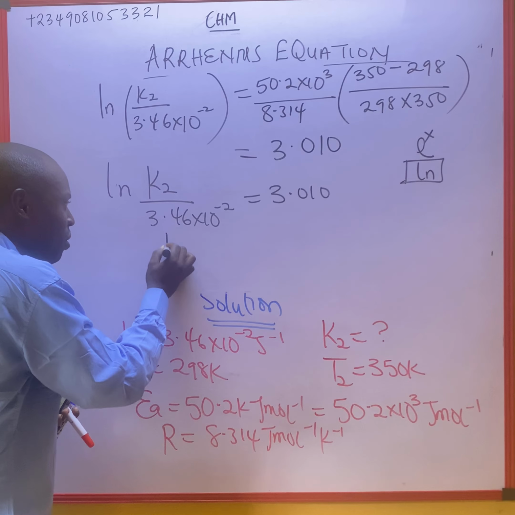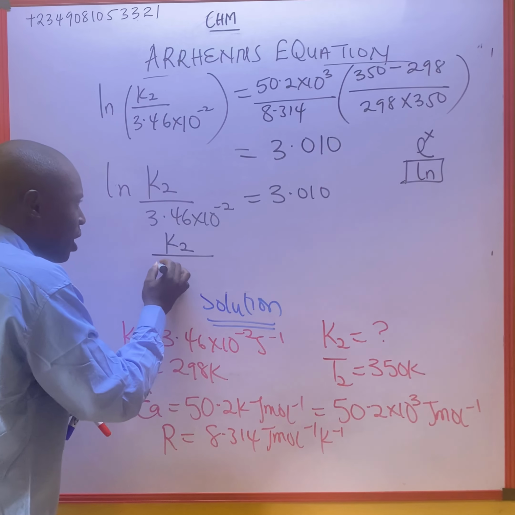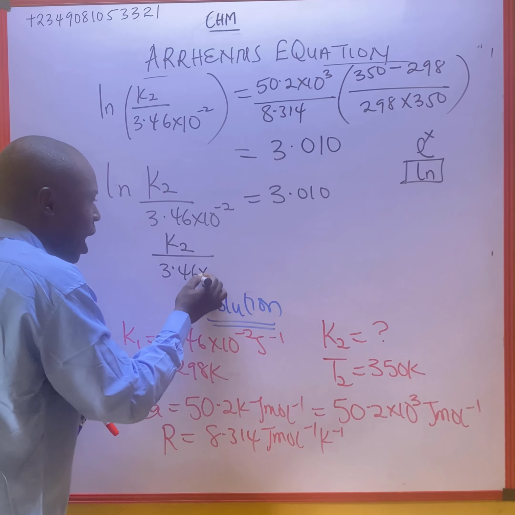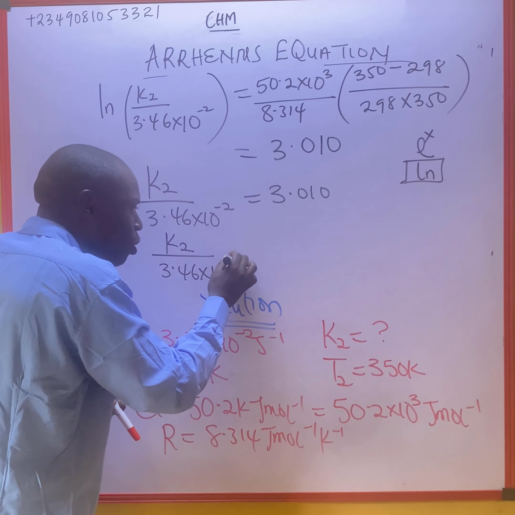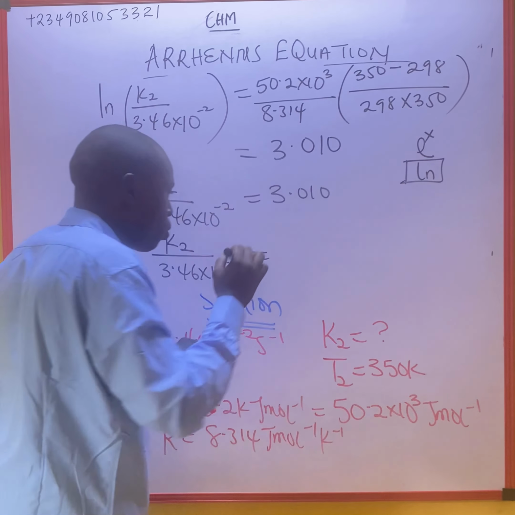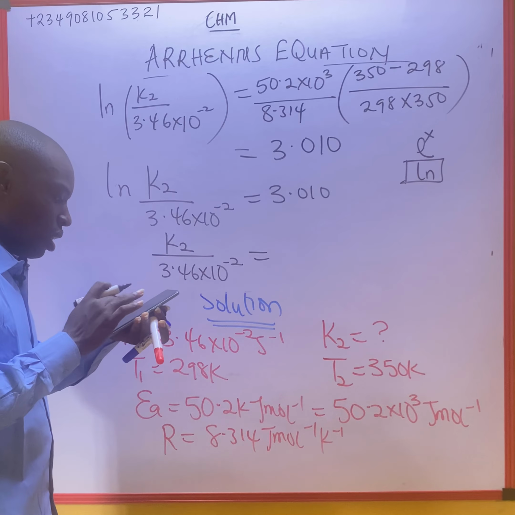So you now have K2 over 3.46 times 10 raised to the power minus 2 is equal to. Now take note.